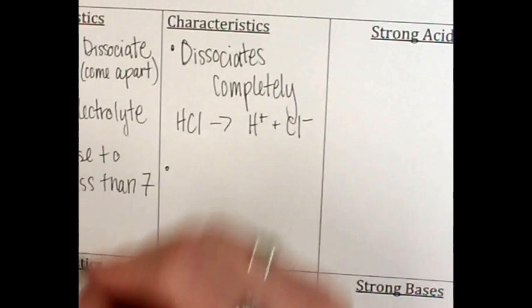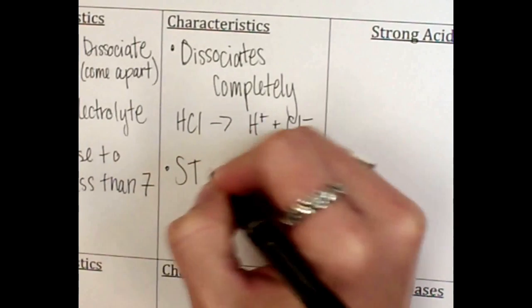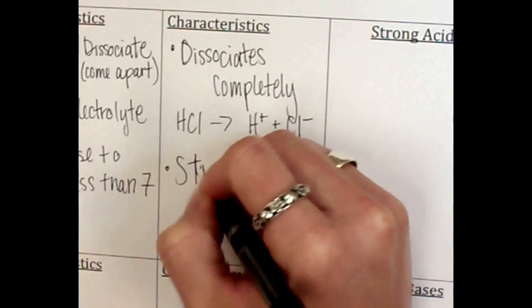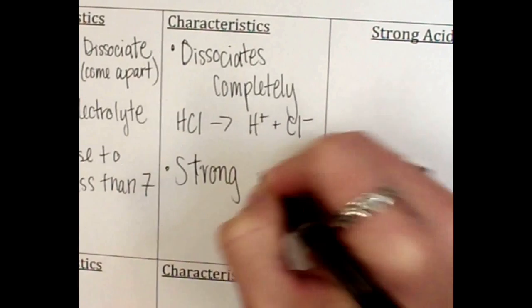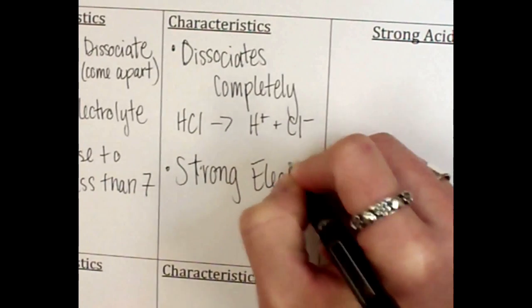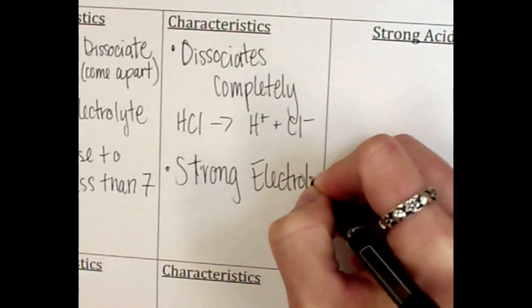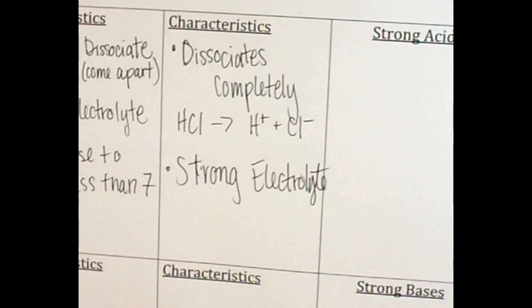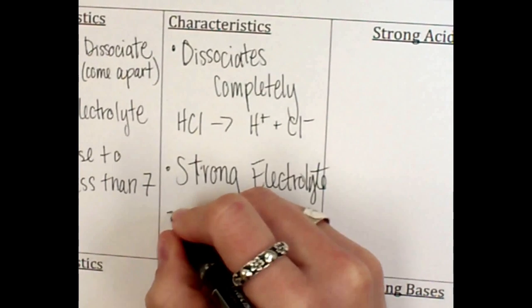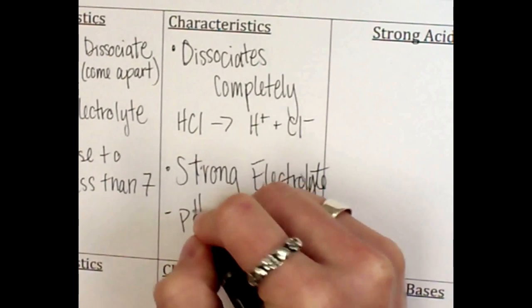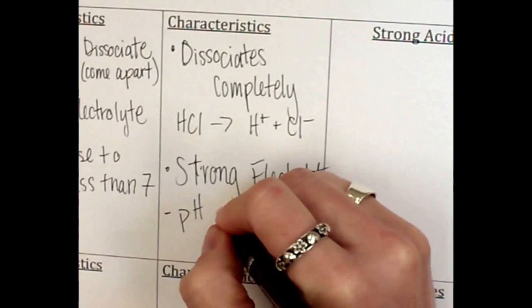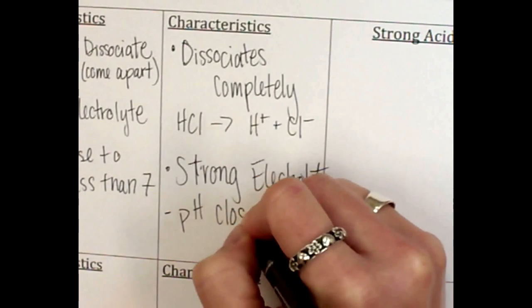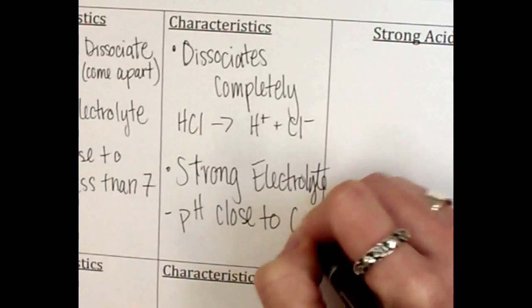It's a strong electrolyte. And the pH is still less than 7, but it's going to be on the other side, so it's going to be close to 0.